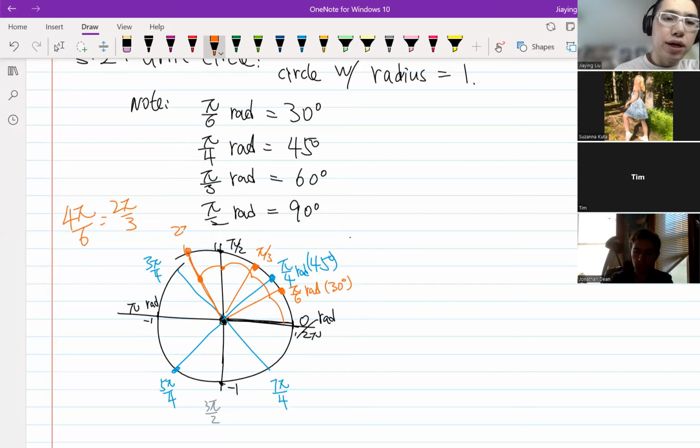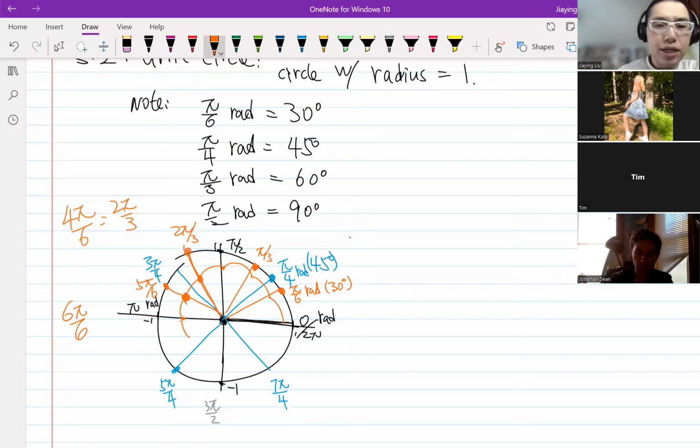So this is 2 pi over 3. And then keep going. So that's 4 pi over 6, and 5 pi over 6 should be here. So this is 5 pi over 6. And keep going. 6 pi over 6 takes me to pi.